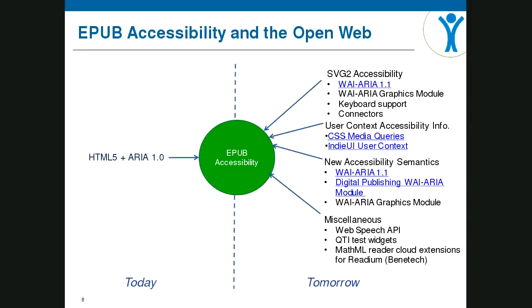Now, what's interesting is that we believe everybody, not just people with disabilities, benefit by these added semantics. So it's an ongoing discussion with the W3C and the ARIA working group to add these to ARIA 1.1, which is coming out soon.